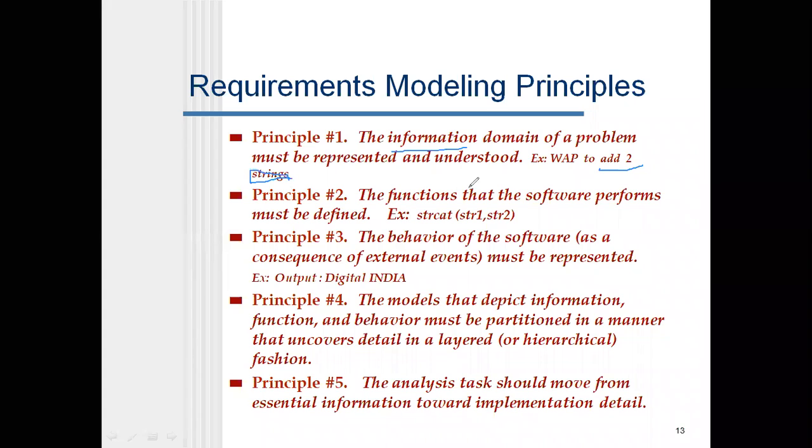Okay, coming to the second one. Second one is the function domain. So, to add two strings and get one string, what function are you going to use in your project?